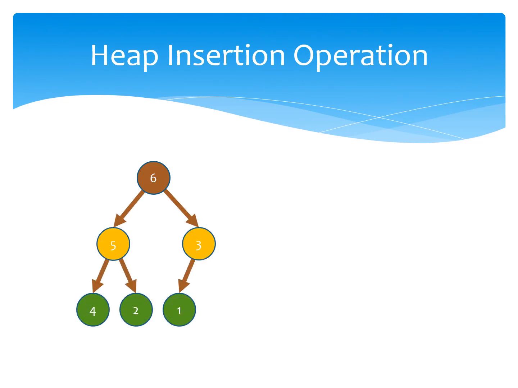When adding a new node into the heap, we append the new node to the end of the heap, which is the first empty slot at the bottom level. Given a heap tree as shown on the screen, the first empty slot at the bottom level is on the right of level 3.